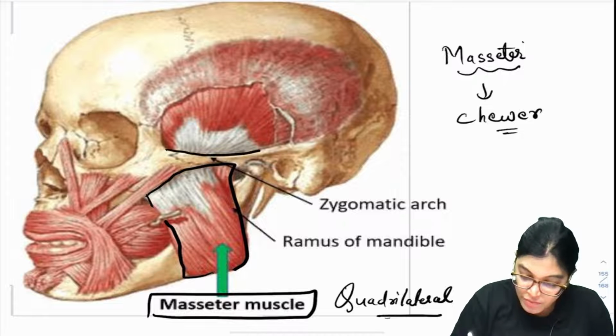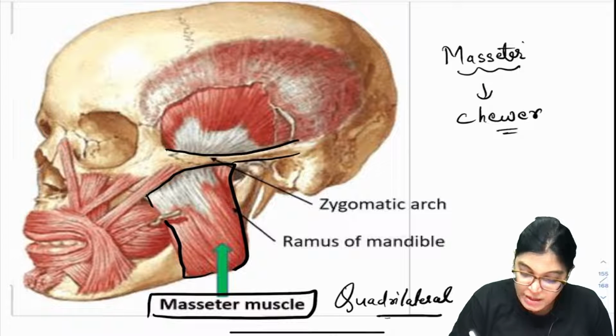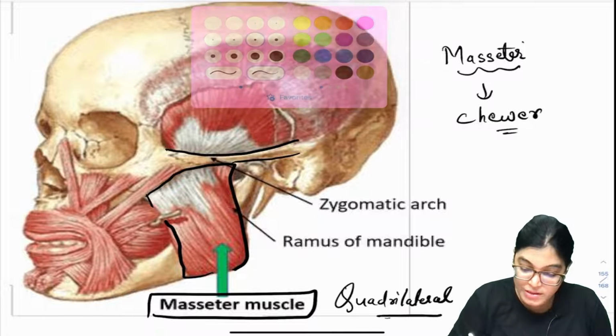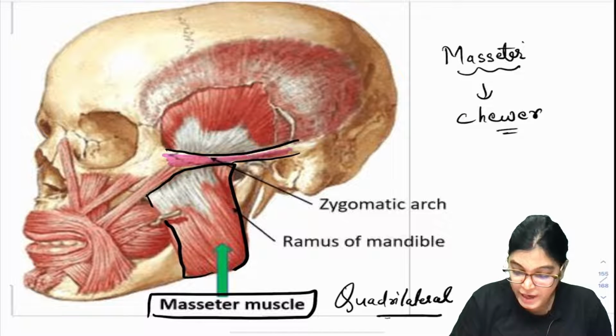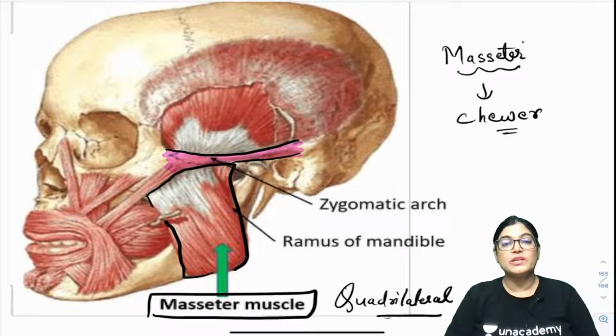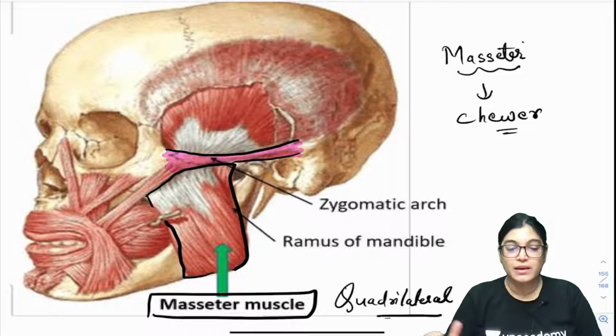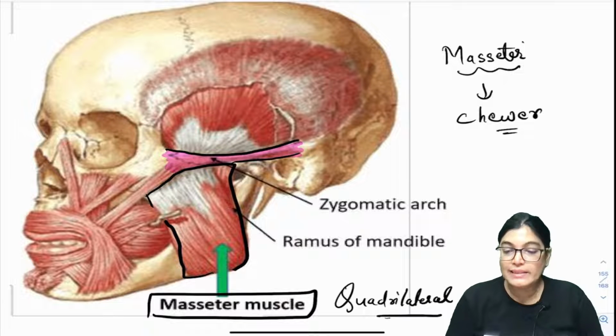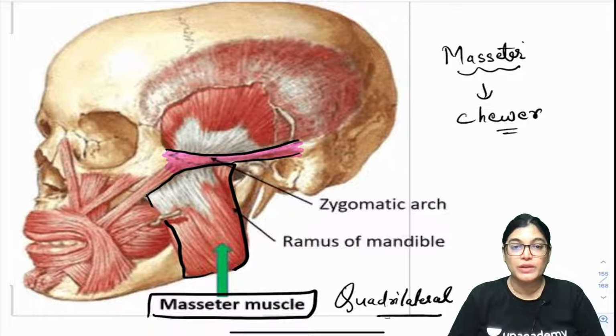So this is the whole of the zygomatic bone which you are seeing, and the masseter muscle is getting its origin from this bone.